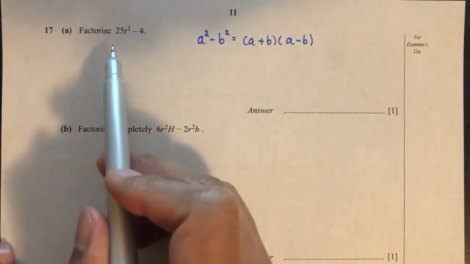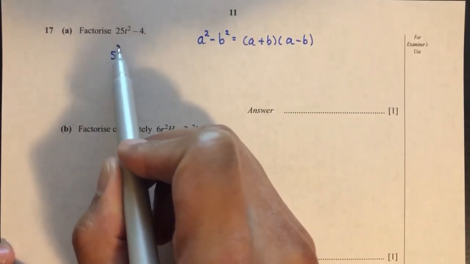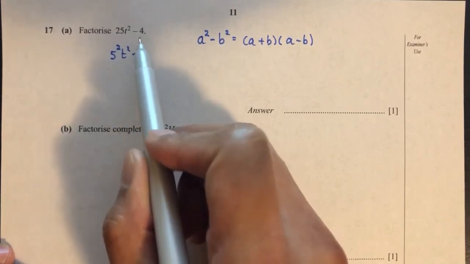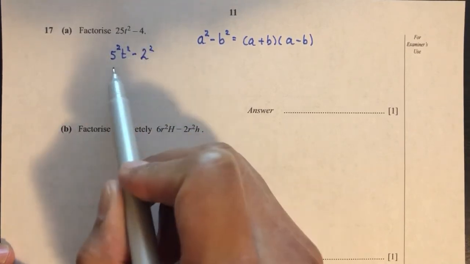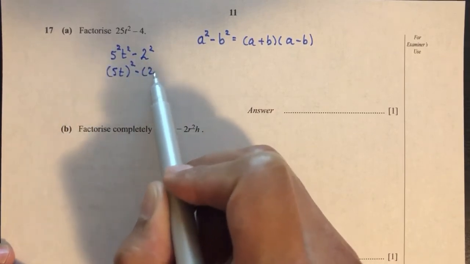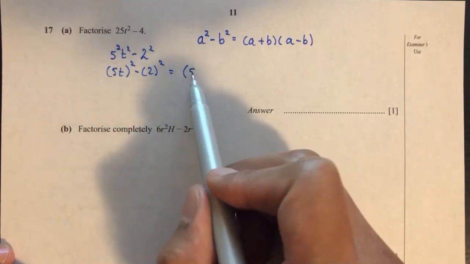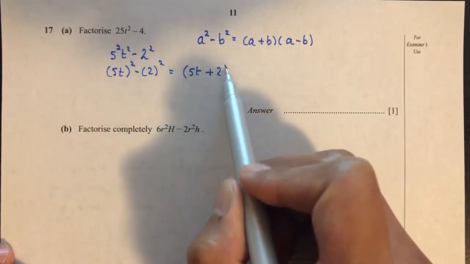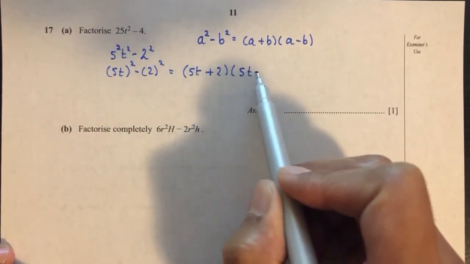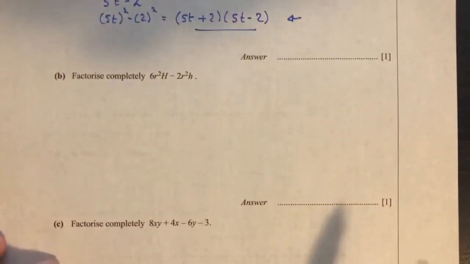Here 25t squared is (5t) squared and 4 is 2 squared. So we have (5t) squared minus 2 squared, which becomes (5t plus 2)(5t minus 2). And this will be your answer for part A.